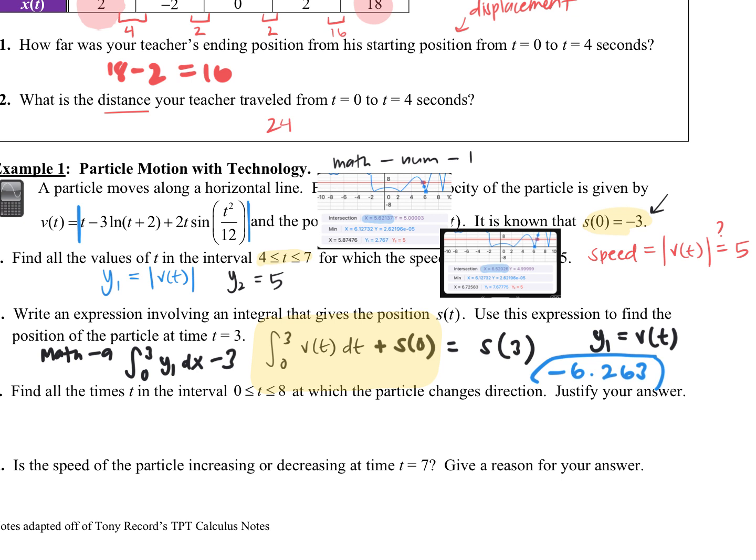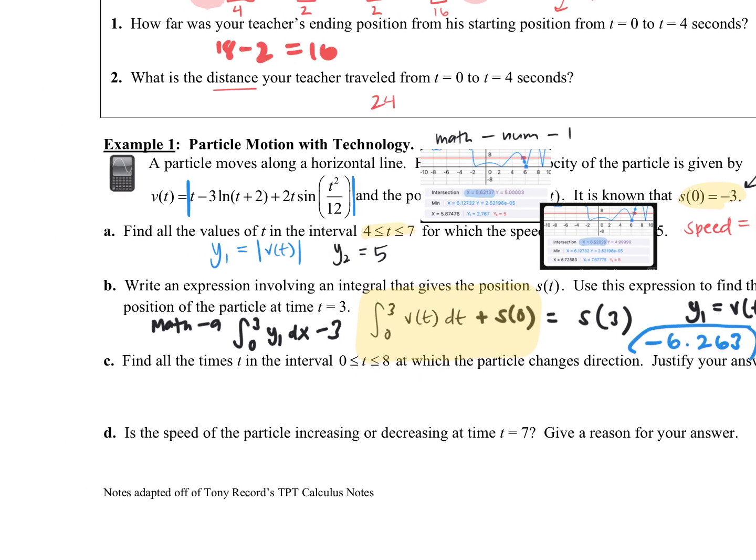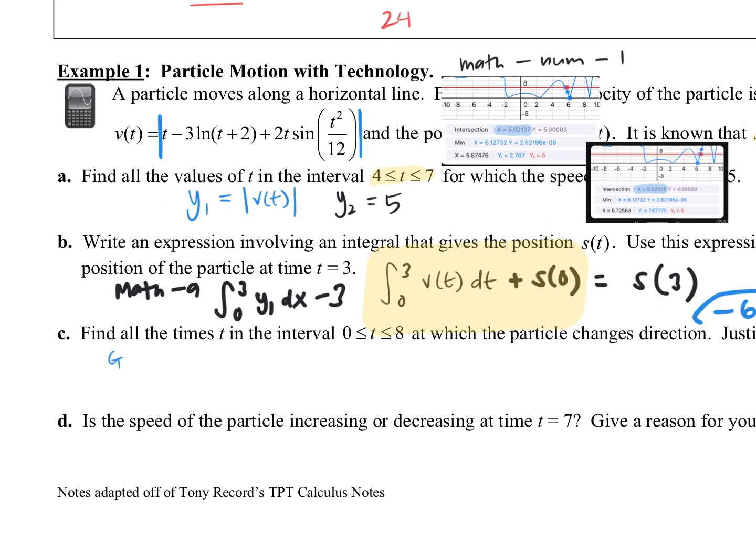When it crosses, right? So when the velocity is equal to 0. That's what we're looking for on our graph. We are going to graph v of t, which you should already have in there if you deleted the absolute value, and see where the velocity is equal to 0.